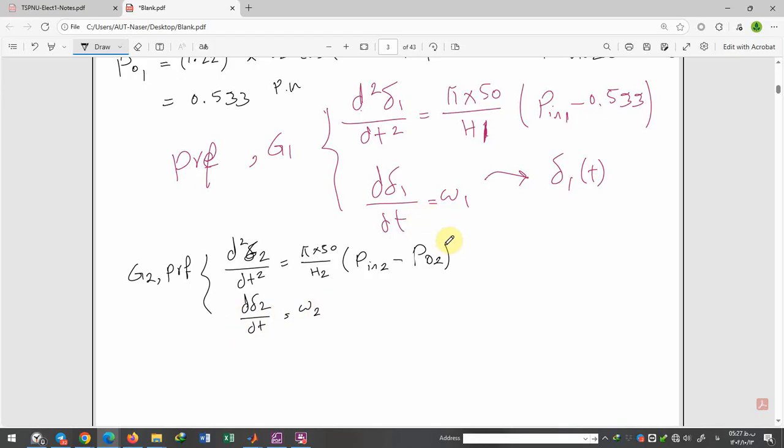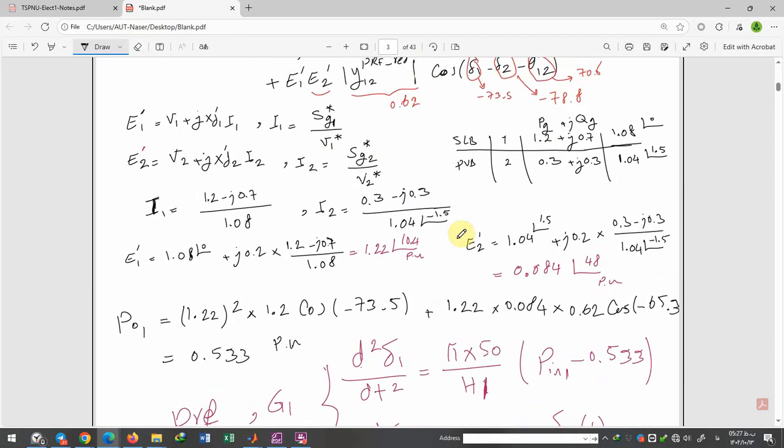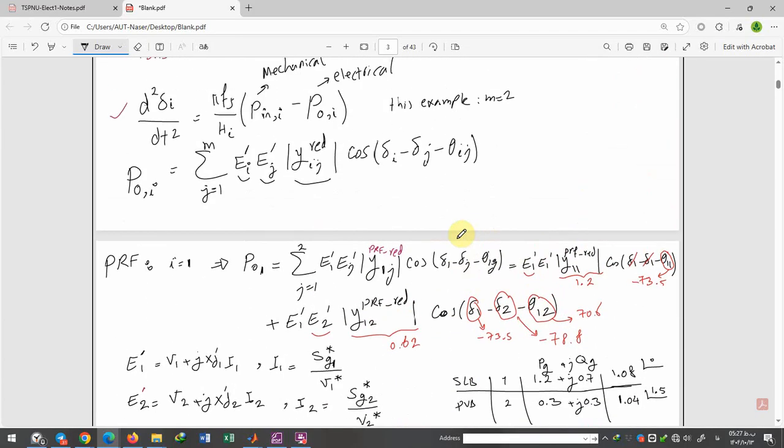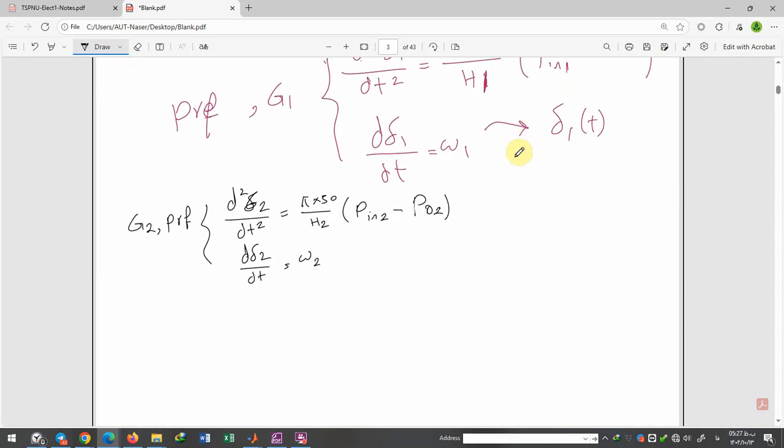The PO2 can be calculated in a similar procedure like this. After substituting the PO2, you can write delta 2 of t. Delta 1 and delta 2 are determined after solving this differential equation, and you can draw delta 1 and delta 2 as pre-fault.